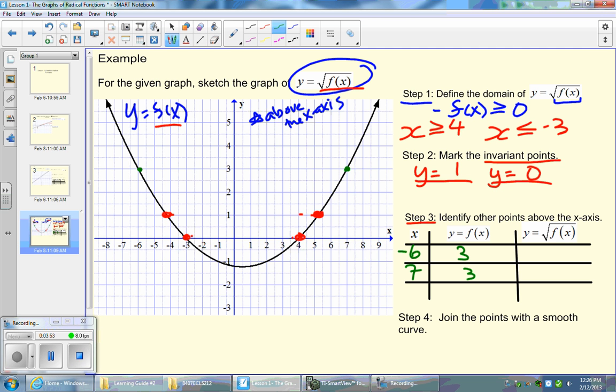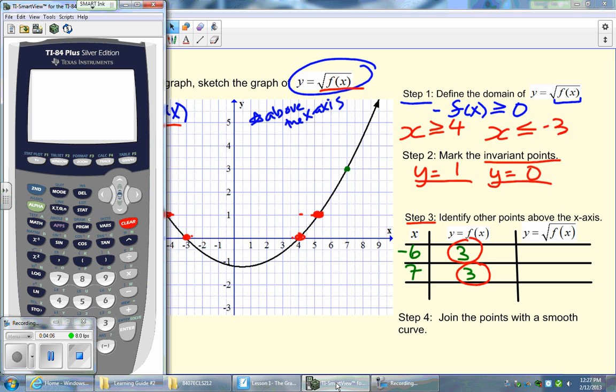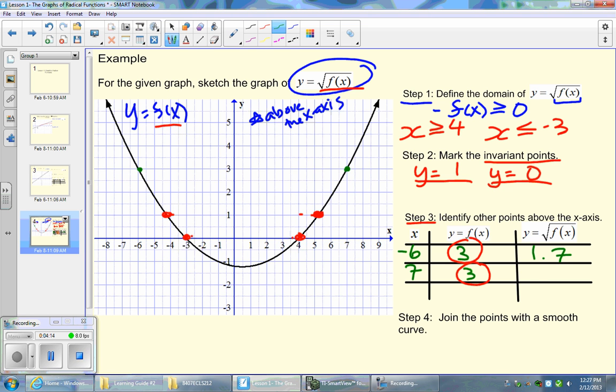Now you want to take the square root of each of these y values. So we're taking the square root of 3, and we're going to round to the nearest tenth. The square root of 3 is approximately 1.7. So if I take the square root of that y value, I get an approximate value of 1.7 on the radical function.